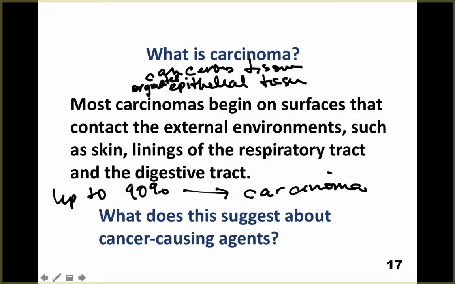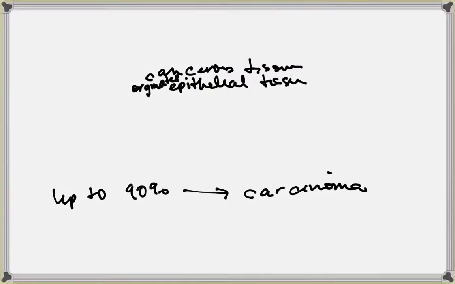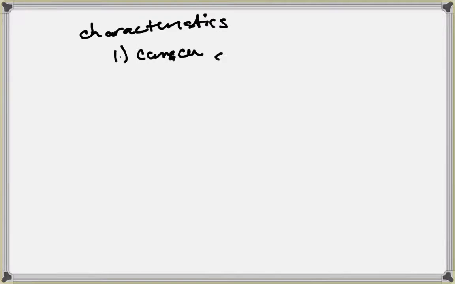And so the characteristics of carcinoma, specifically cancer: do cancer cells die? No, they're really hard to kill, right? So they're continually dividing.